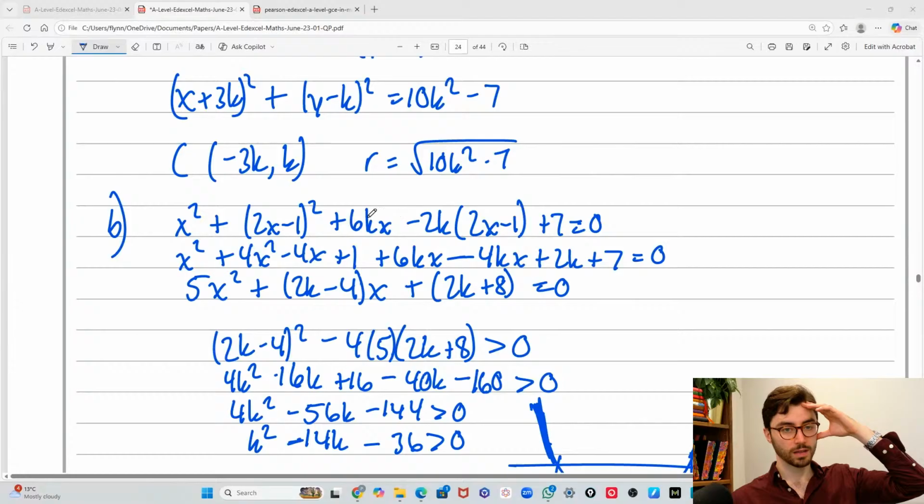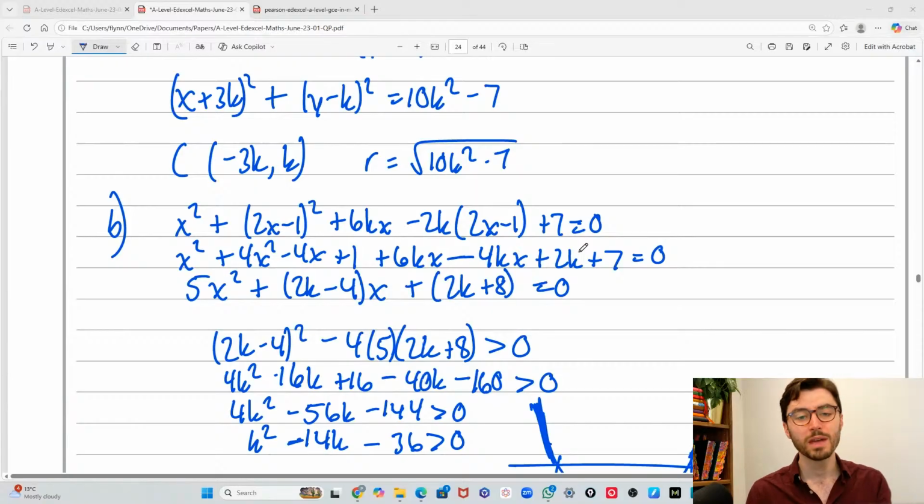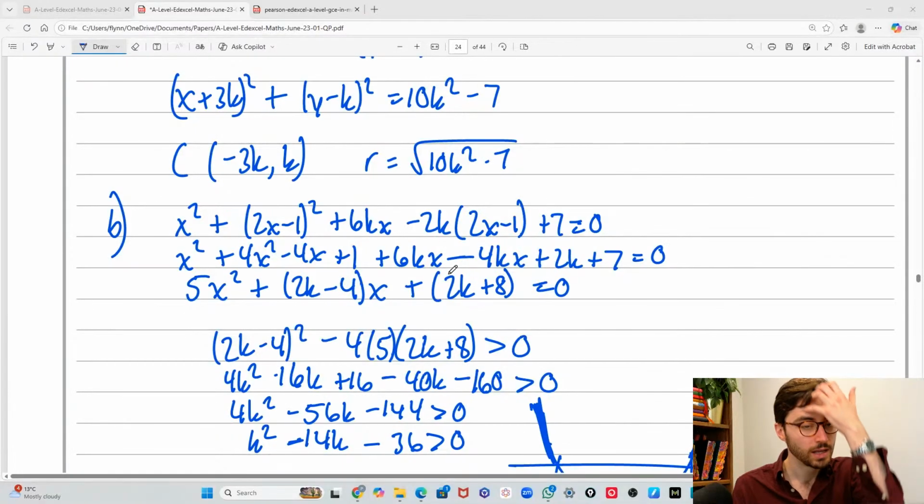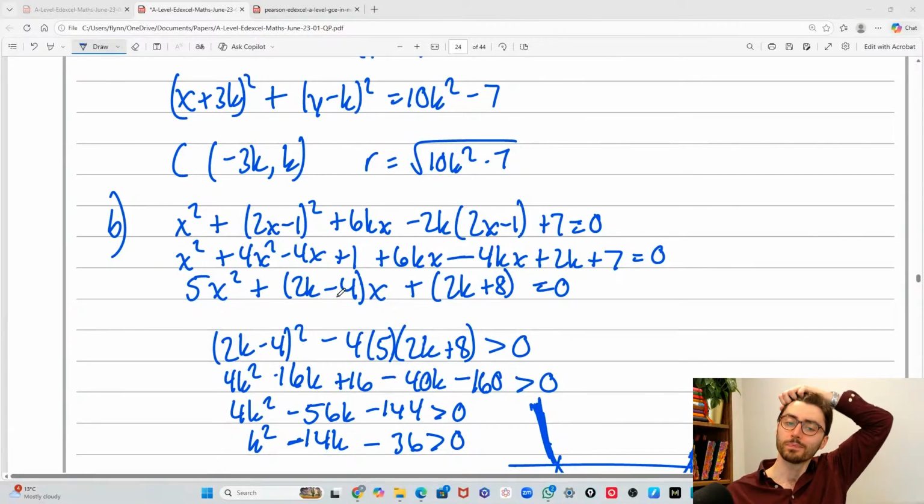Let me just check. That becomes minus 4kx plus 2k plus... If I'm going to have made a mistake anywhere, it just feels like it's here. Doesn't mean I did make a mistake, but I just feel it. But bleh. So 2k minus 4 to x, 2k plus 8, cool.